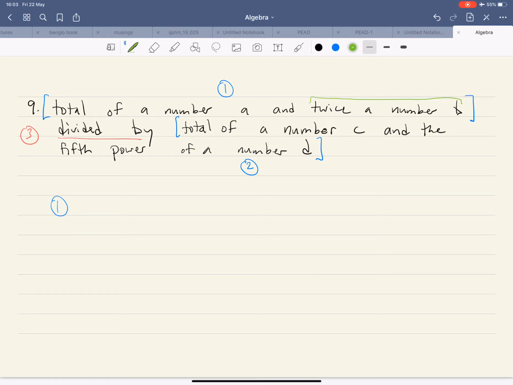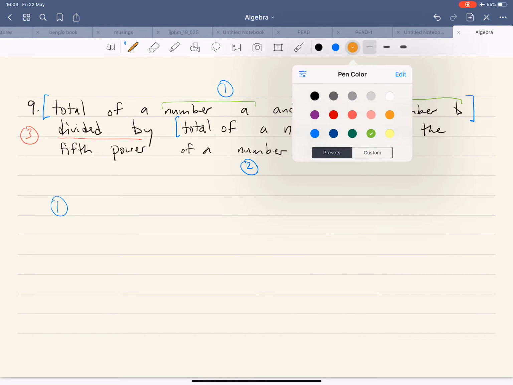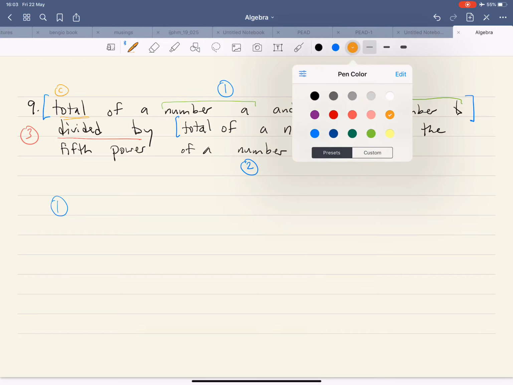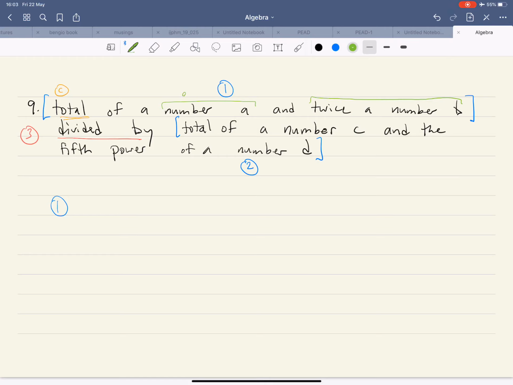And a number A, that's its own little thing. And then the linking happens with total, right? Which indicates that I'm adding them together. So I could call this C, and I could call this A and this B, right?